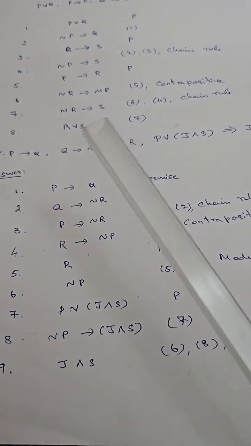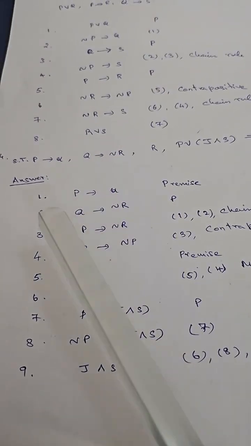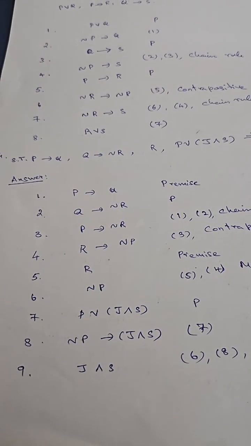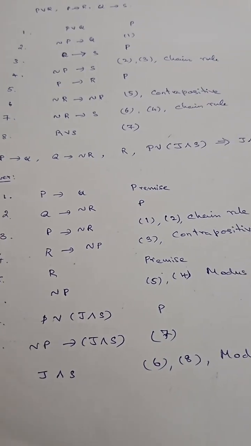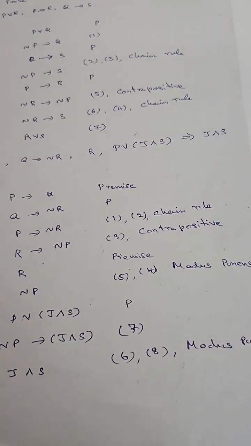Next theorem, that is, show that P to Q, Q to negation R, which implies R, and one more premise, P or J and S, which implies J and S is a true premise.